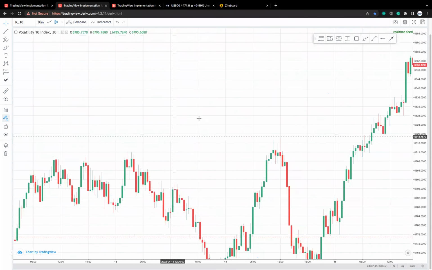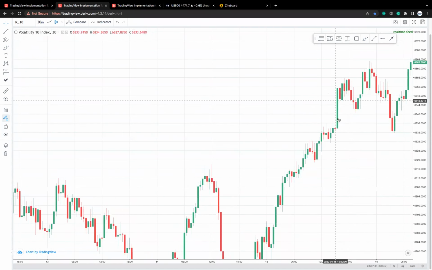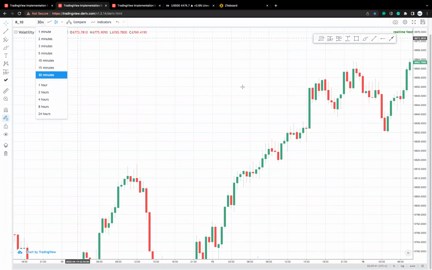Now, why does that actually happen in the marketplace? This is a 30 minute candle. So all the transactions that happen in this particular candle occurred in 30 minutes. Now, if you look at your time frame, we have 1 minute. So we'll have 30 one-minute candlesticks embedded in this specific candle here.